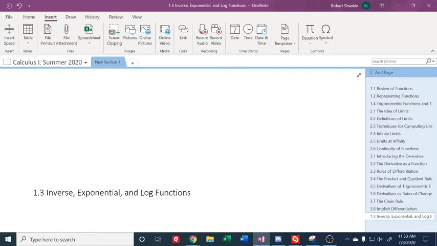When you're dealing with the derivatives, you need to have the basics down. How did exponential and log functions work? How did we solve those equations and all that kind of stuff? So I saved the review on this to be just in front of the section on the derivatives so that you can kind of tie all this together.